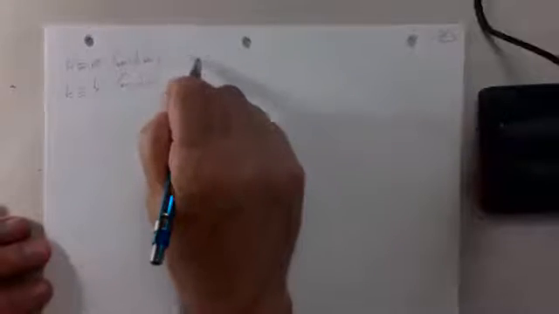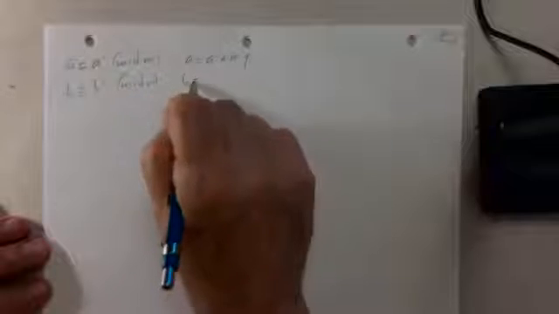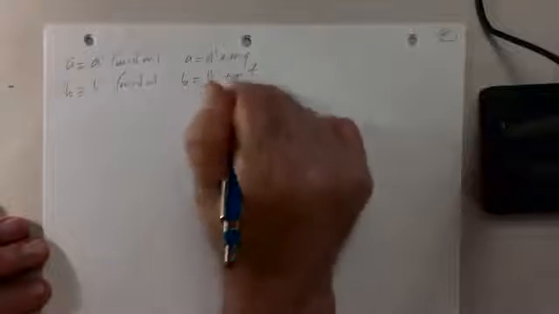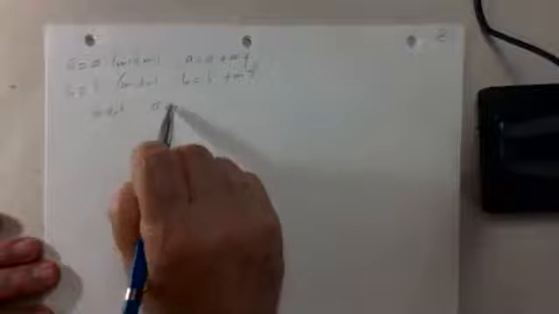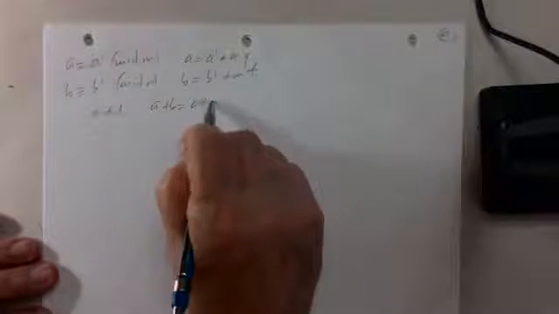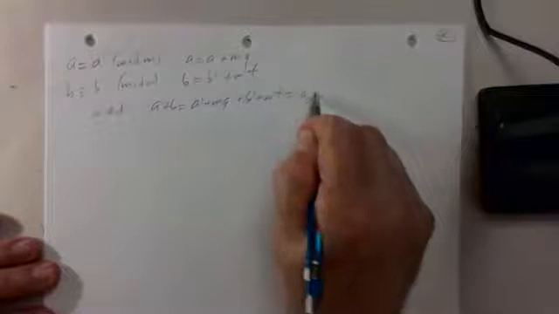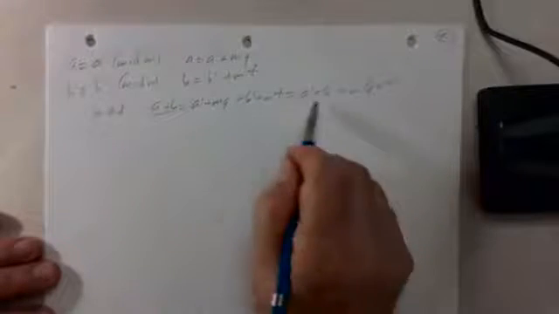So this means that a is a prime plus a multiple of m, mq, and b is b prime plus a multiple of m, mt. If we add these equations, we get a plus b is a prime plus mq plus b prime plus mt. This is a prime plus b prime plus m times q plus t. So this means that a plus b and a prime plus b prime are congruent.